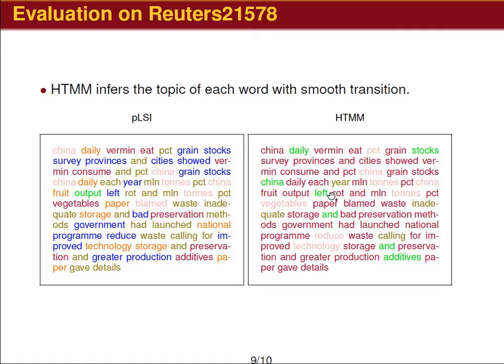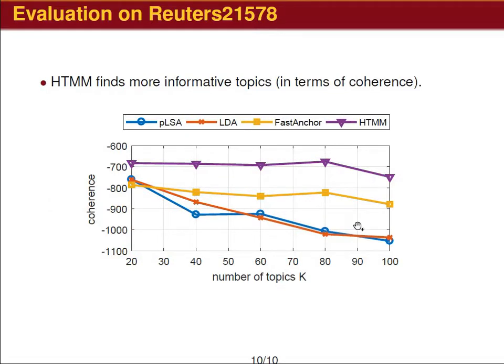And that is indeed the case if we use hidden topic Markov models to infer the topics of each word, whereas using a bag of words model, the inferred topics change rapidly. And finally, if we use word co-occurrences to estimate the topic matrix and evaluate its quality, we see that in terms of coherence, the hidden topic Markov model is much better than some of the classical bag of words methods.